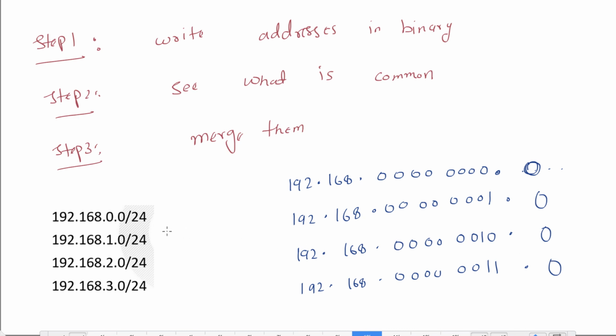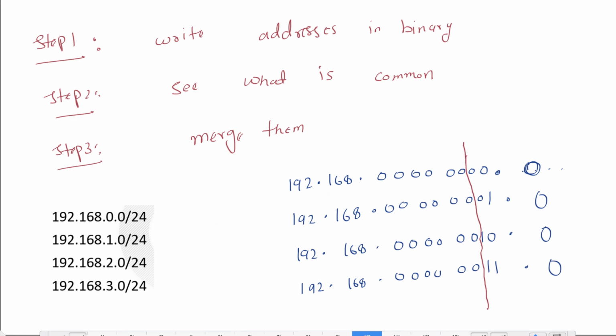This first network is saying that the initial 24 bits are fixed. This second network is saying the initial 24 bits are fixed. But if you look carefully, if you want to merge these 4 networks, can you say that the initial 22 bits are fixed?